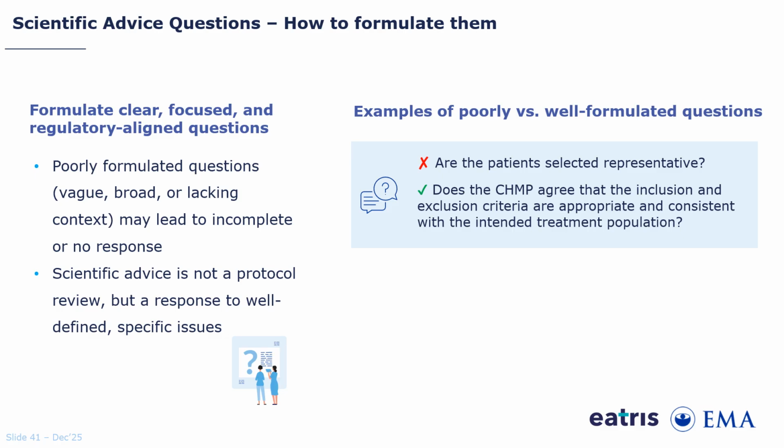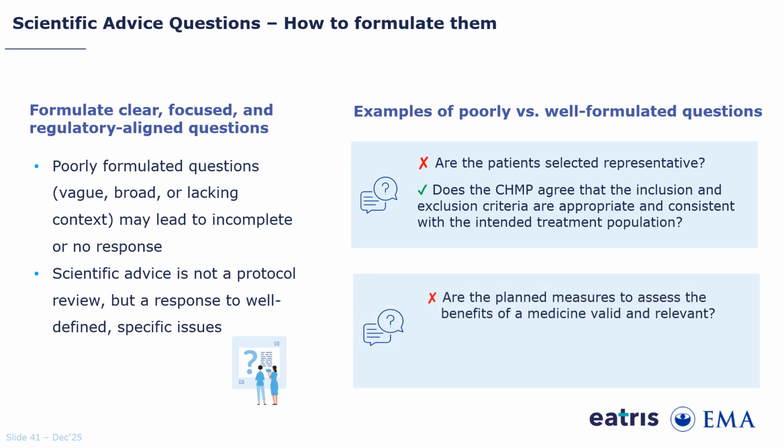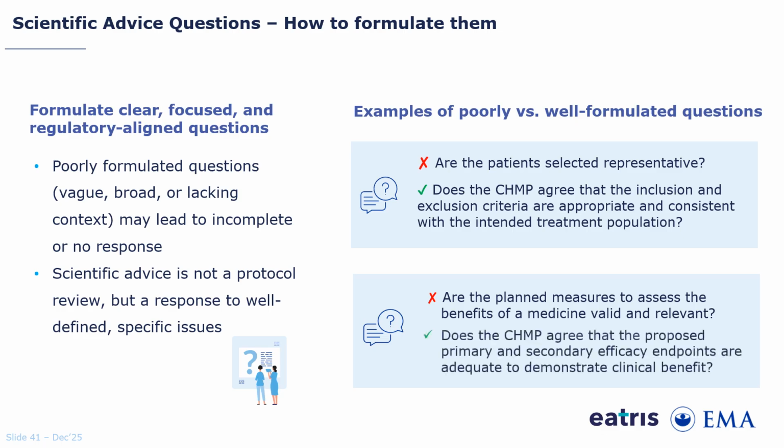The question, are the planned measures to assess the benefits of a medicine valid and relevant? Uses ambiguous terms like valid and benefits, which are hard to assess without specifics. It is better to formulate as, does the CHMP agree that the proposed primary and secondary efficacy endpoints are adequate to demonstrate clinical benefit in an intended patient population?